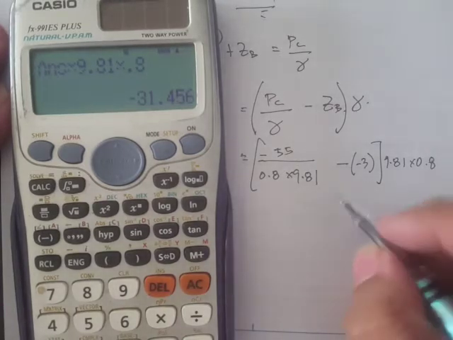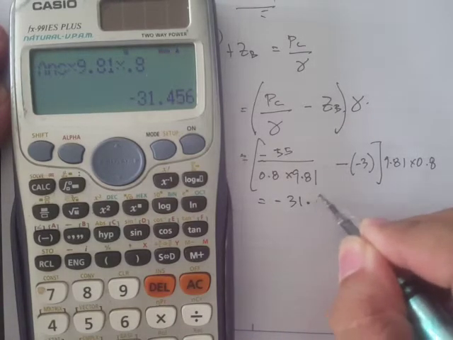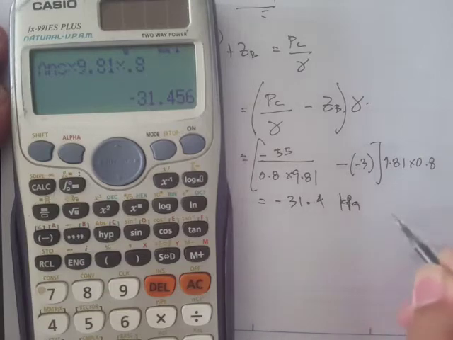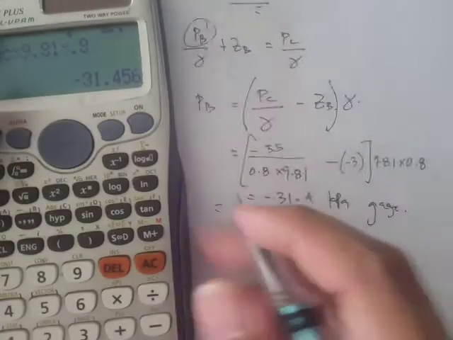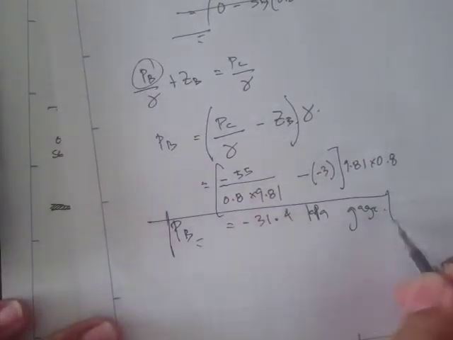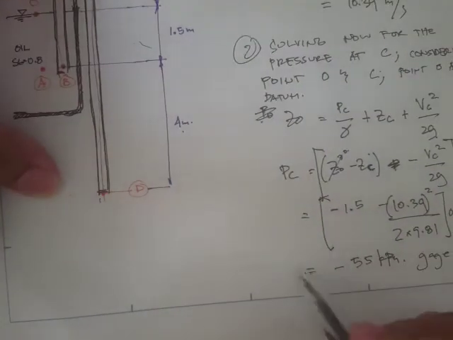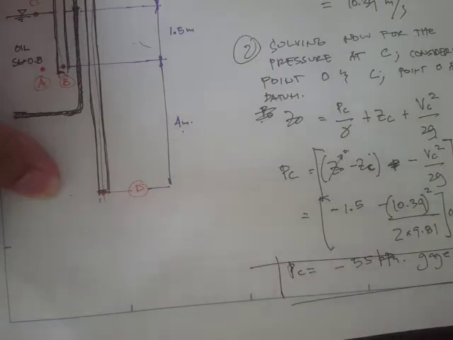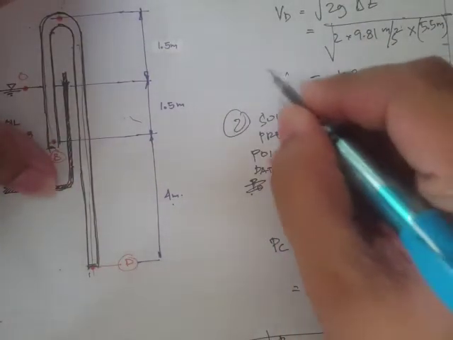That's negative 31.4 kPa, and this is gauge pressure. So this is our pressure at point B. This is our pressure at point C, and this is our velocity at point D.